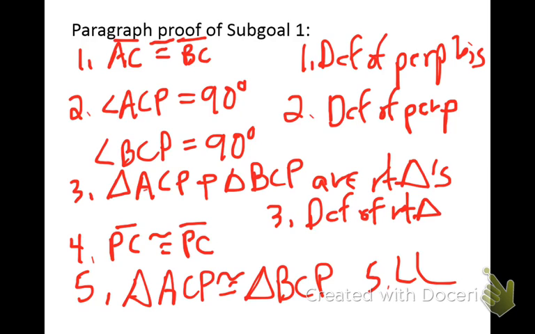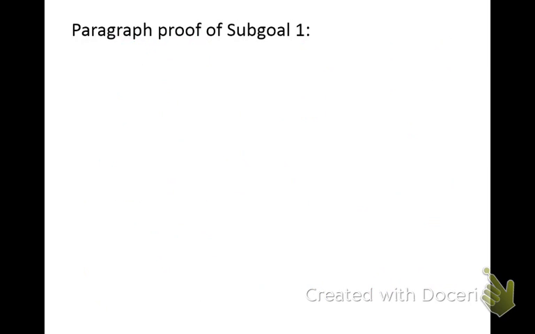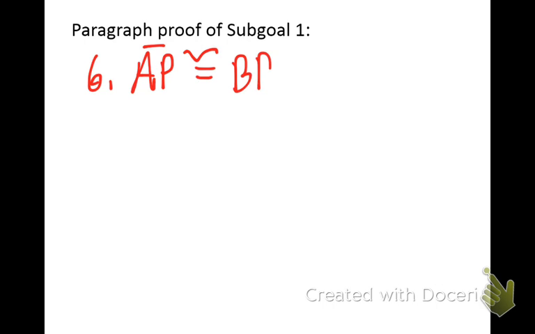All right. Then let's clear this out and finish it up. So we would have step 6, AP is congruent to BP, and that's by CPCTC, corresponding parts.